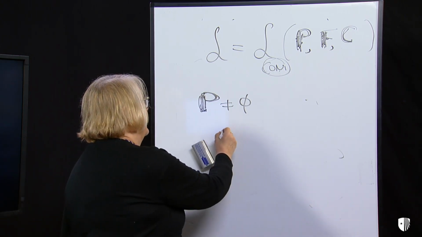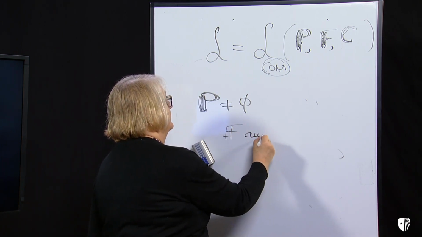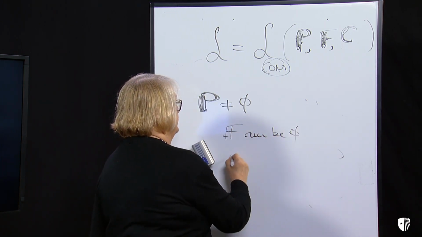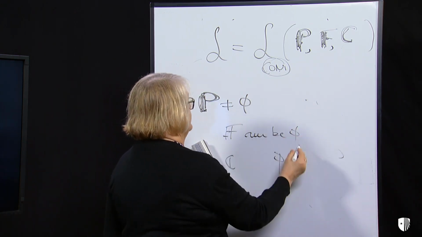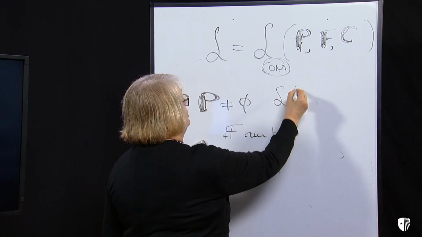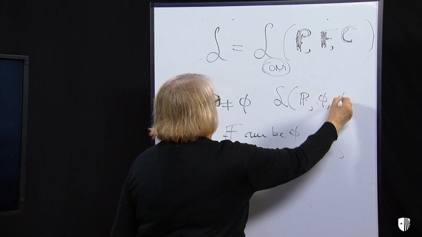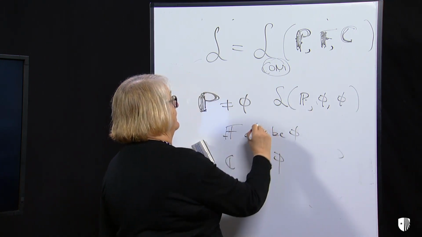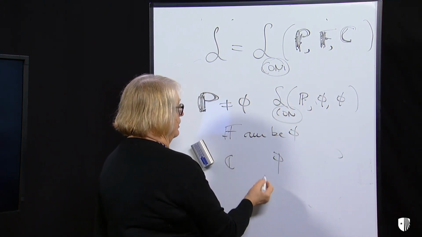And of course, we can have that F can be empty and C can be empty. So we can have, for example, a language which would have P empty. Empty is still a predicate language. And the connectives are propositional connectives.